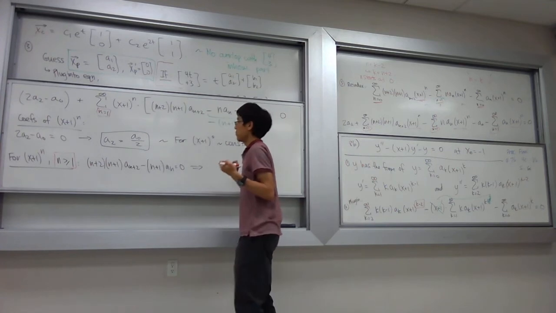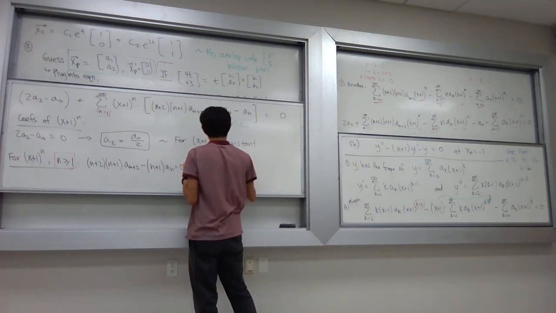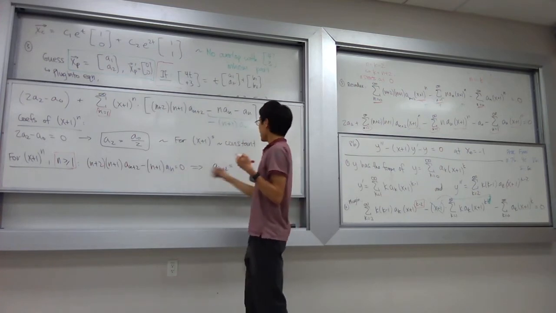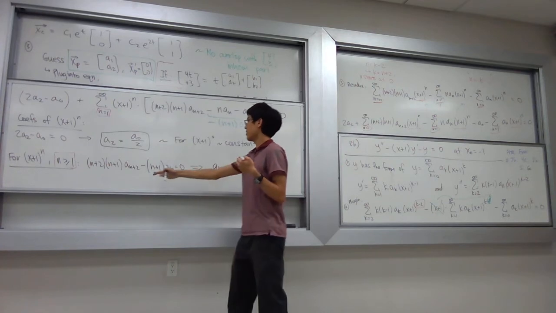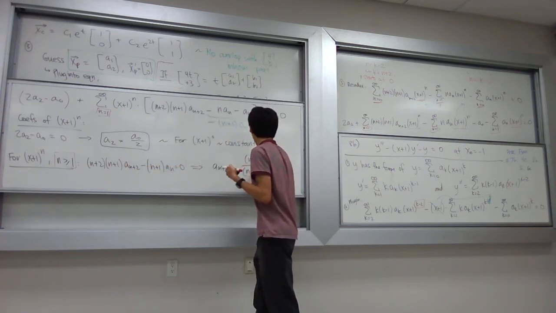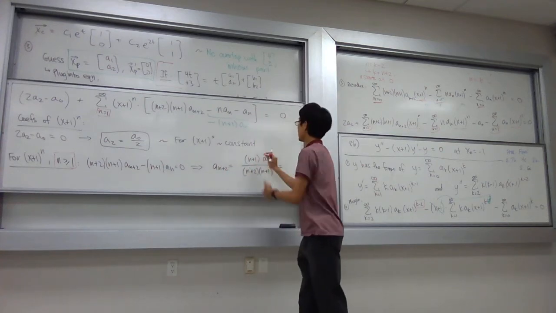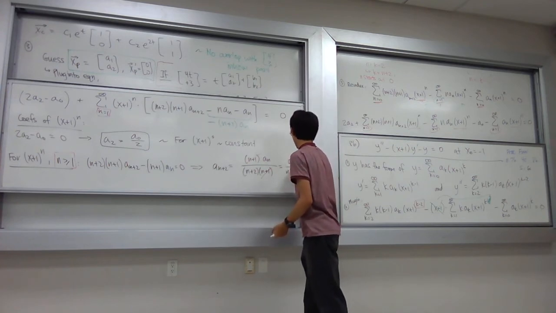We want to isolate the higher one, so a sub n plus 2 is what we want to isolate. This is going to equal a sub n times n plus 1, or you can notice that you can already cancel it out. Now you can definitely notice it cancels out. See, the coefficients are a sub n over n plus 2.